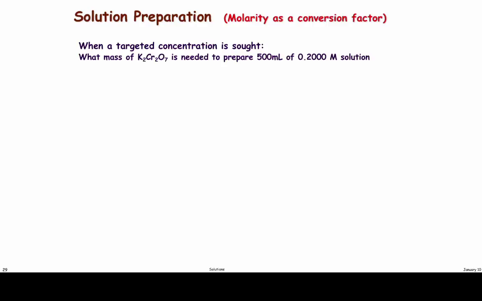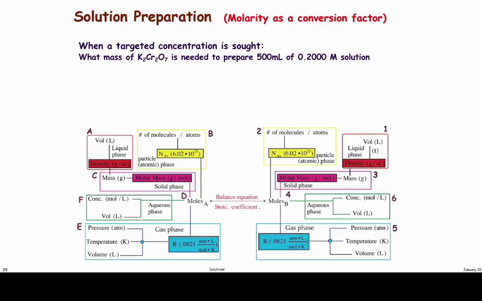When we want to target a concentration, for example, what mass of potassium permanganate is needed to prepare 500 mils of 0.200 molar solution, then what we do is we take the 0.200 moles per liter and we use the 500 milliliters to get the moles in that solution.